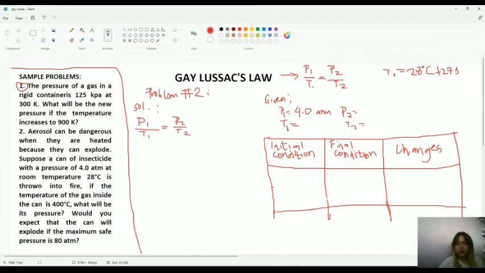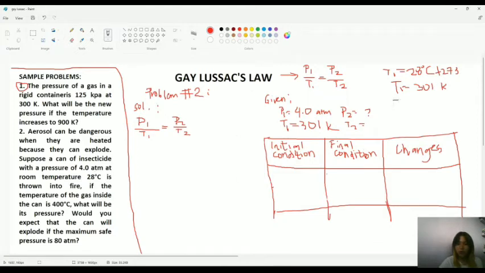So, let's solve the initial temperature. 28 plus 273, that is 301. So, Kelvin na yung unit niya. Ilalagay natin dito, 301 Kelvin. And sa final pressure, hindi pa. Ina-ask yan, yung final pressure. And yung final temperature here is 400 degrees Celsius. So, i-solve naman natin.